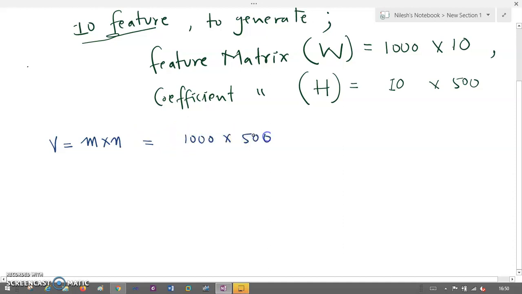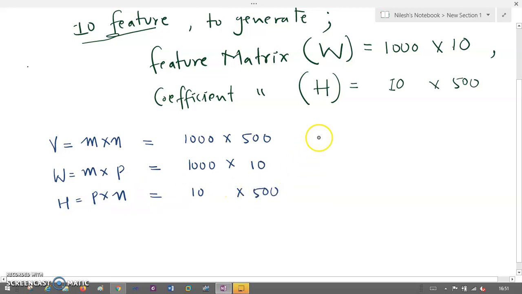Remember this, you already have seen it, but for the sake of this example I'm showing you again. And your W is M cross P, which is 1000 cross 10, and H is P cross N, which is 10 cross 500. These are the things that we had seen, right?